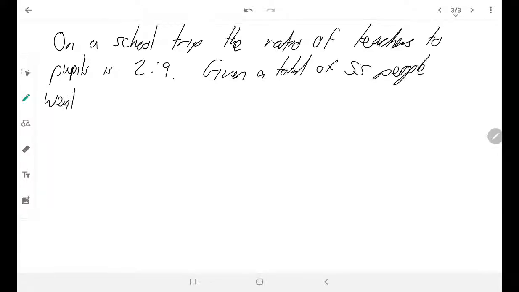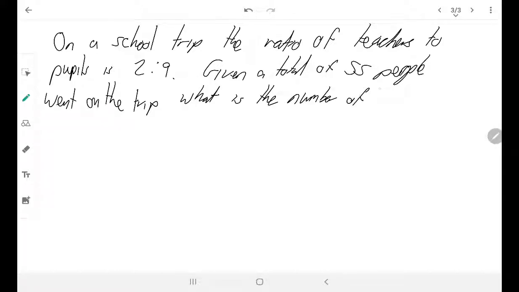went on the trip, what is the number of teachers on the trip?